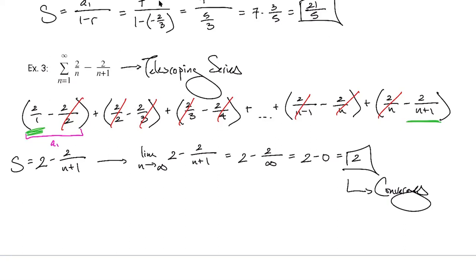I plug in 1. This is a sub 2. This is a sub 3. And then I was like, well, that's kind of enough with numbers. Let me see what happens on the tail end. So this is a sub n minus 1. And this is a sub n. Okay, yeah, that's the part that always gets me. How do I know to pick a sub n minus 1 or plus 1, whatever? Because you're working your way up to n. So what comes before n is n minus 1.